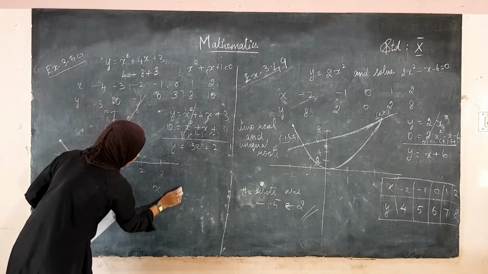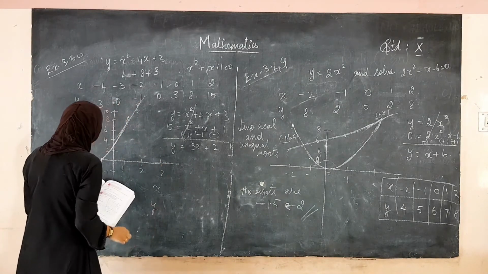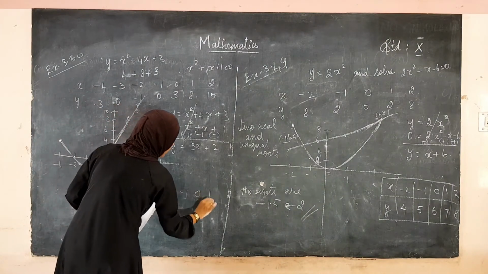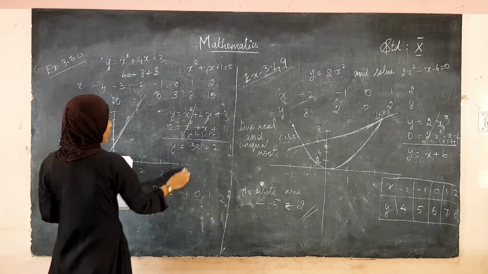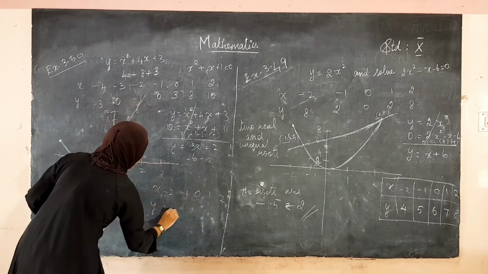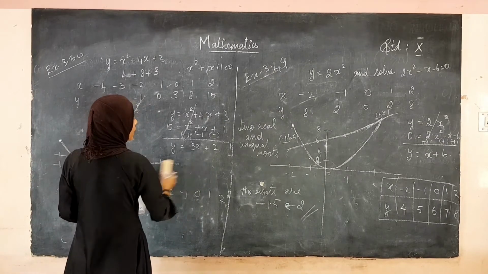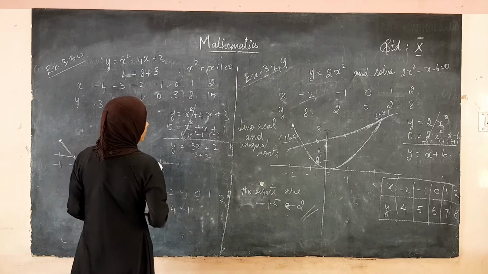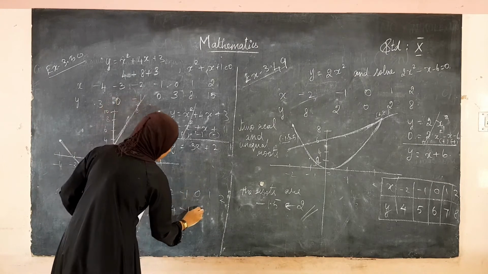Now, you have to form the points. So, x and y. So, from minus 2 we are going to form till 2. For minus 2 it is 3 into minus 2 is minus 6 plus 2 is minus 4. And again minus 1 it becomes minus 3 plus 2, it is minus 1. 0 plus 2 is 2.